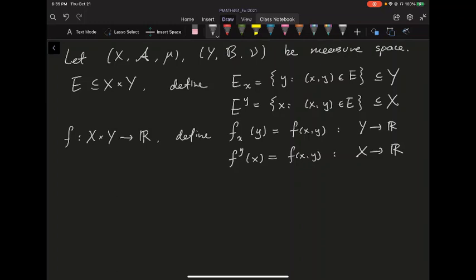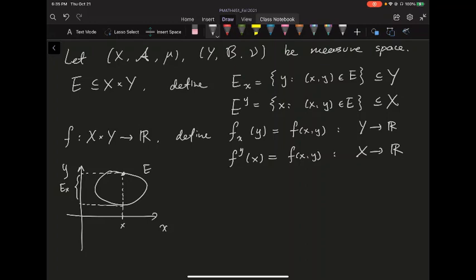You can basically draw a picture: you have x and y, and then you have some E, and you're fixing the x and looking at what values of y make (x,y) inside E. This is essentially E_x. And you can do the same thing for y.